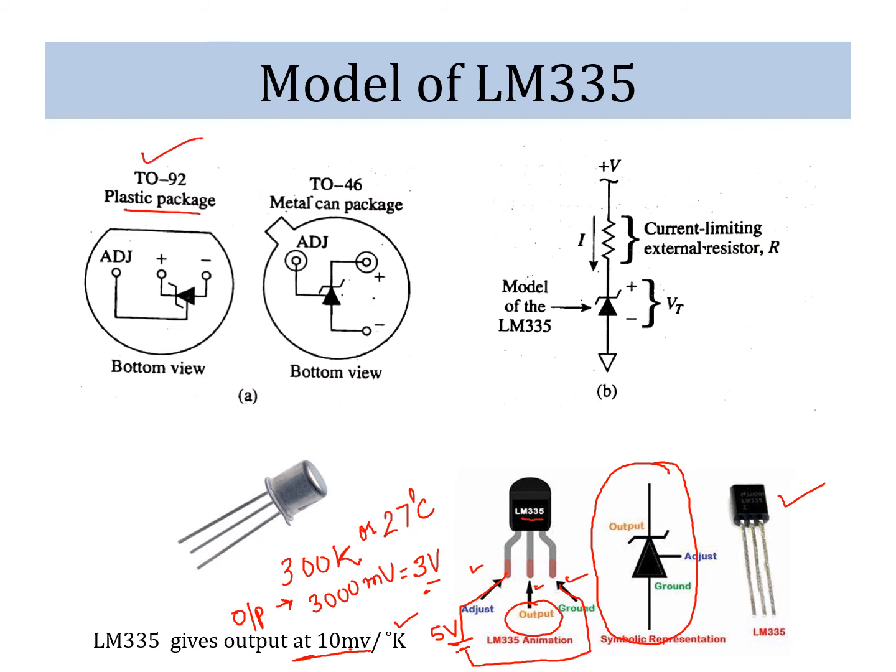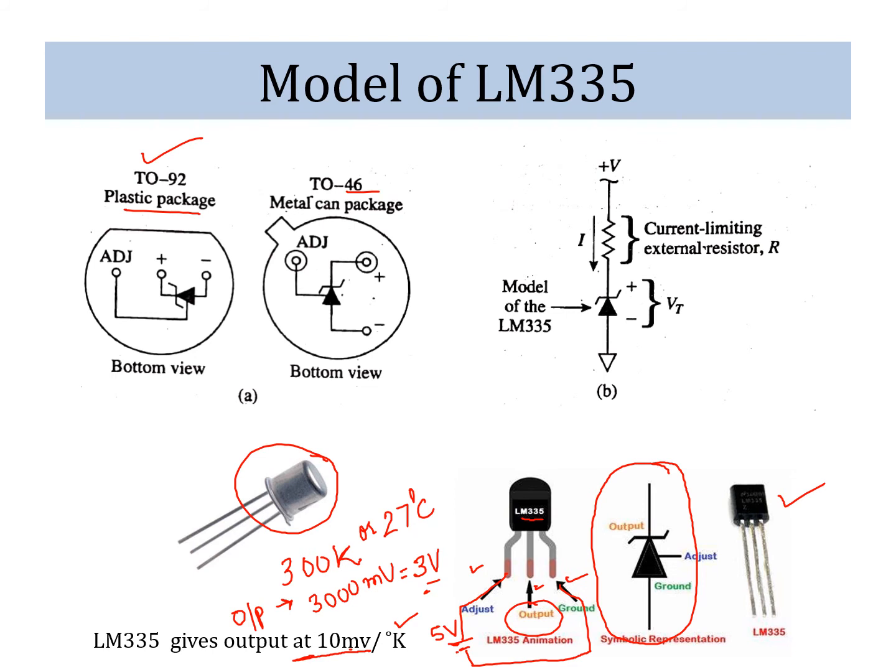One comes in metallic encapsulation like TO46. There is a small difference when we use metallic encapsulation. Metallic encapsulation has a better time response, that is, a change in temperature in the ambient environment is sensed much faster than with the plastic encapsulation. So that's all for LM335.